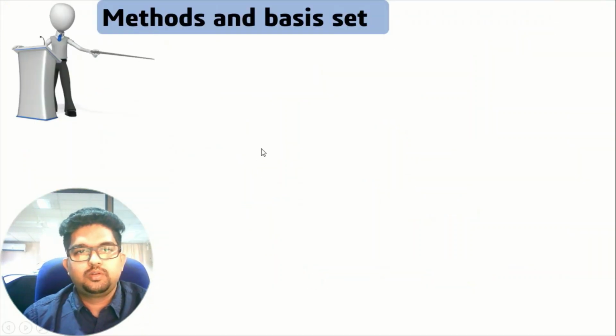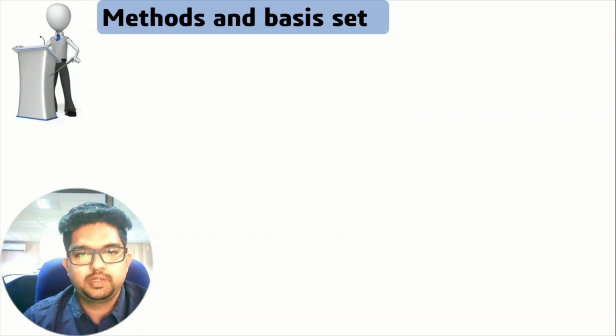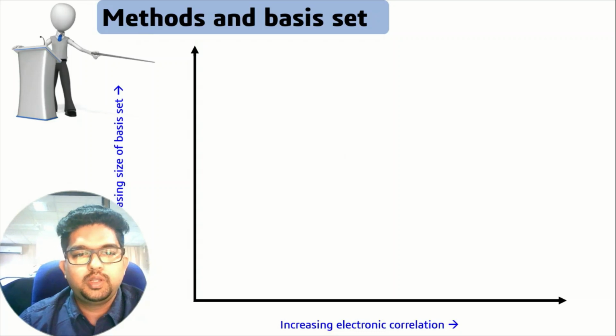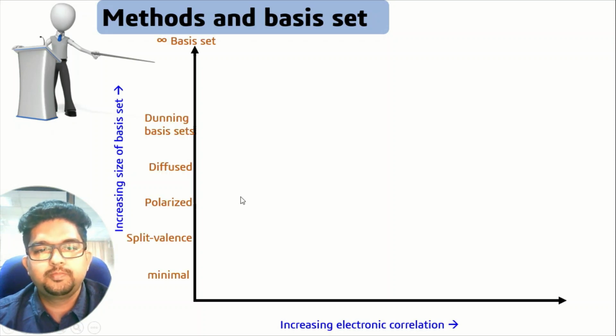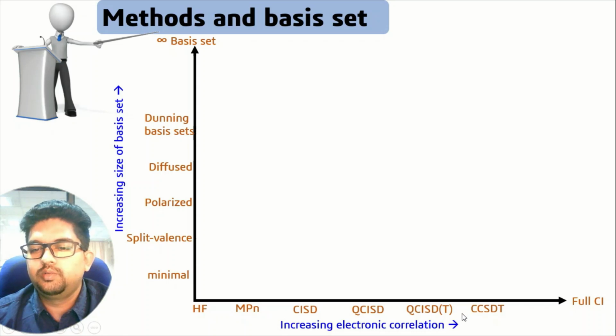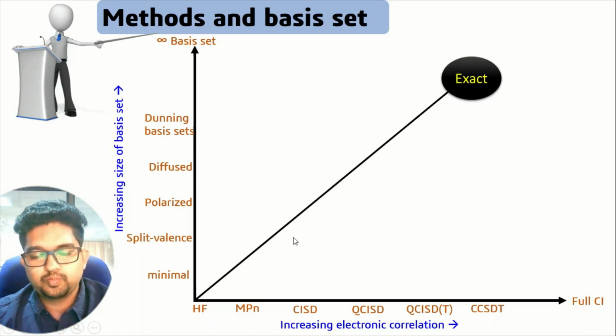So now we have different methods and basis sets. On the x-axis we have increasing electronic correlation, and on the y-axis we have the different basis sets. The basis sets start with the minimal basis set, split valence, then go to the infinite basis set, and on the x-axis it goes to full configuration interaction.